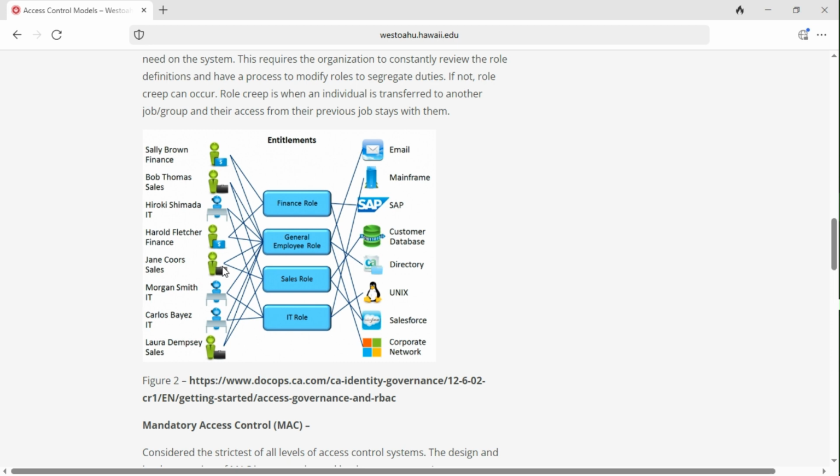If you have access to the network, that means everything on the network would be available to you. In order for us to protect our information and our data, and in order for us to be more secure, role-based access control is one way to implement protection of data. So, for example, if you are in the sales role, you don't need to have information on what's going on in Linux.